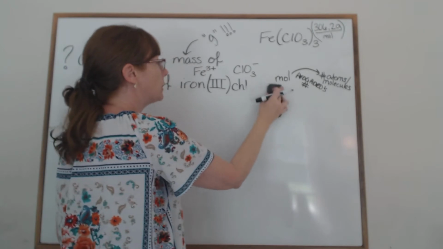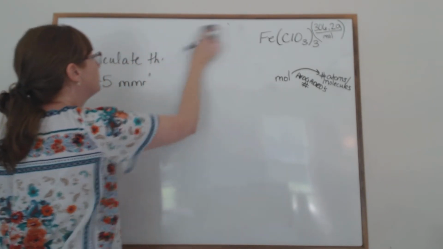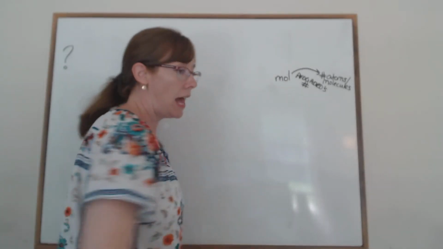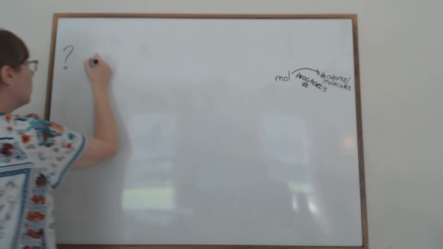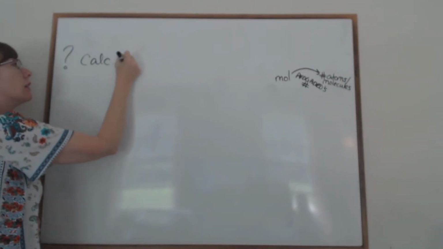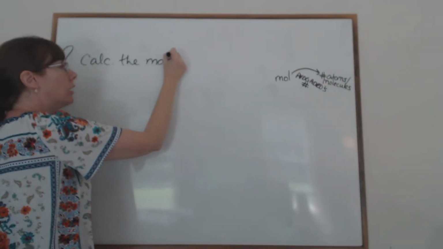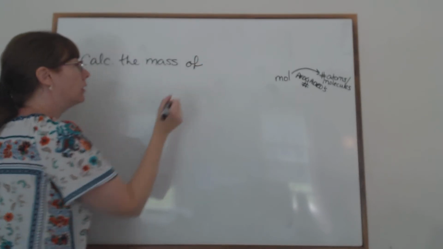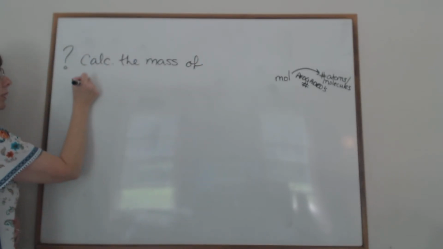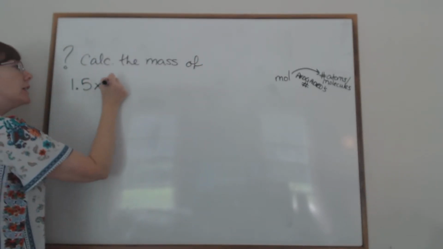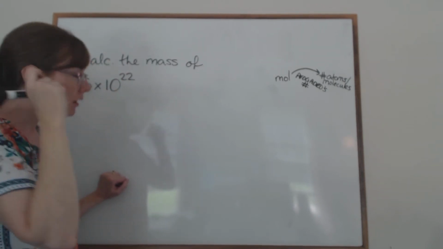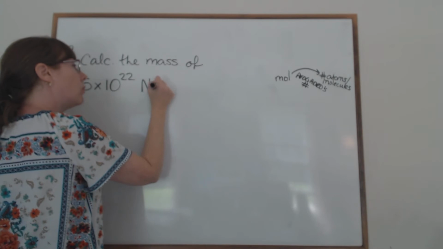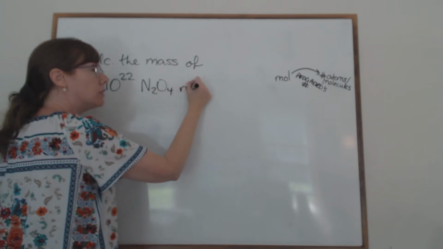So let me put another practice question up. Why not? How about, let's calculate the mass of, I'll just make up a number, 1.5 times 10 to the 22nd N2O4 molecules.